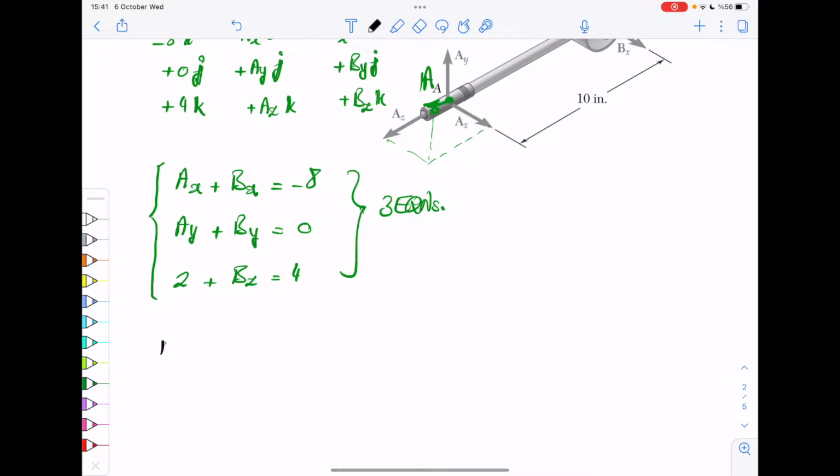You would have R of A with respect to C, this is exactly CA, times force A plus R of B with respect to C. So this is the distance from C to B times B. This is equal to MC.